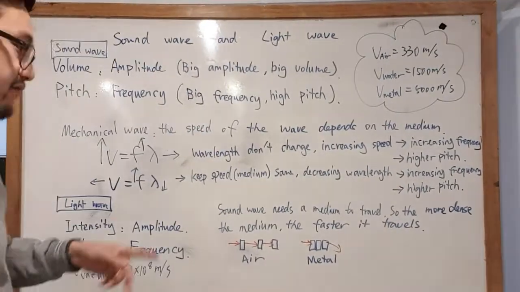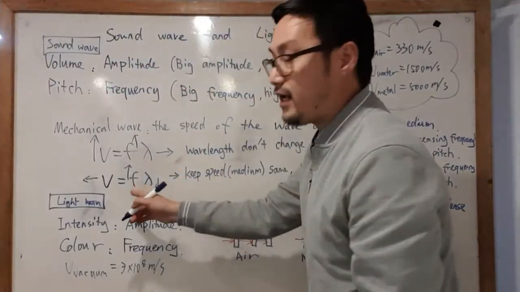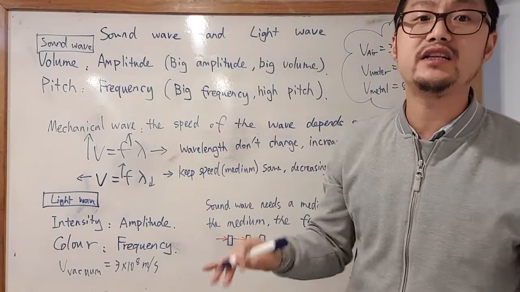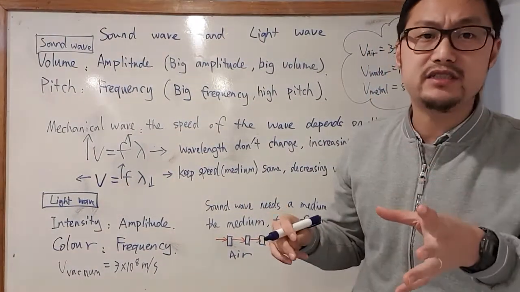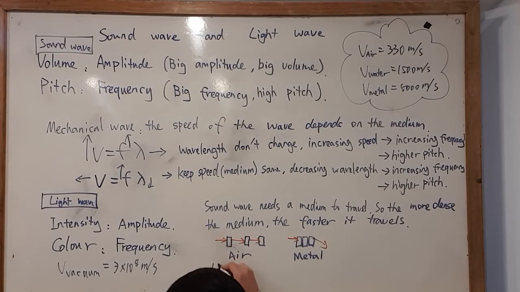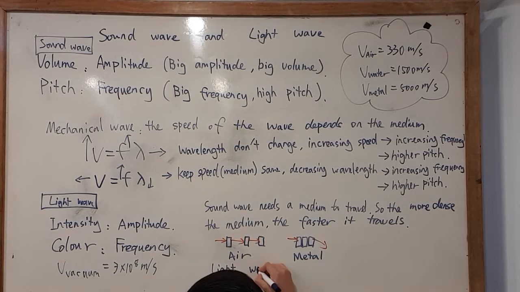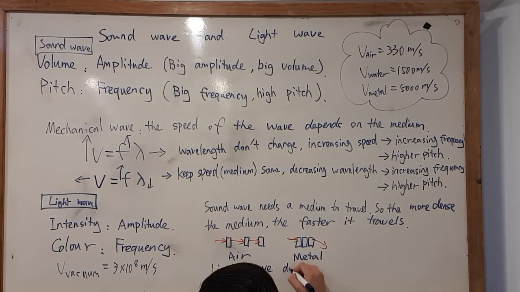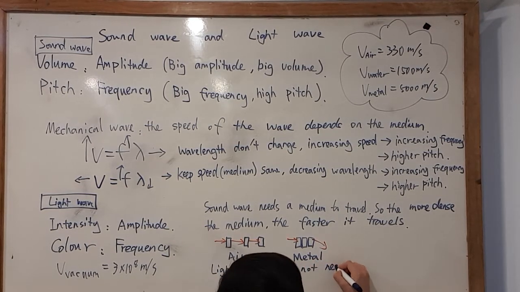Okay, but if we look at light wave, it's different. Light wave actually doesn't need anything, right? If there is a material, if it's very dense, it actually slows it down. Say light wave does not need a medium.